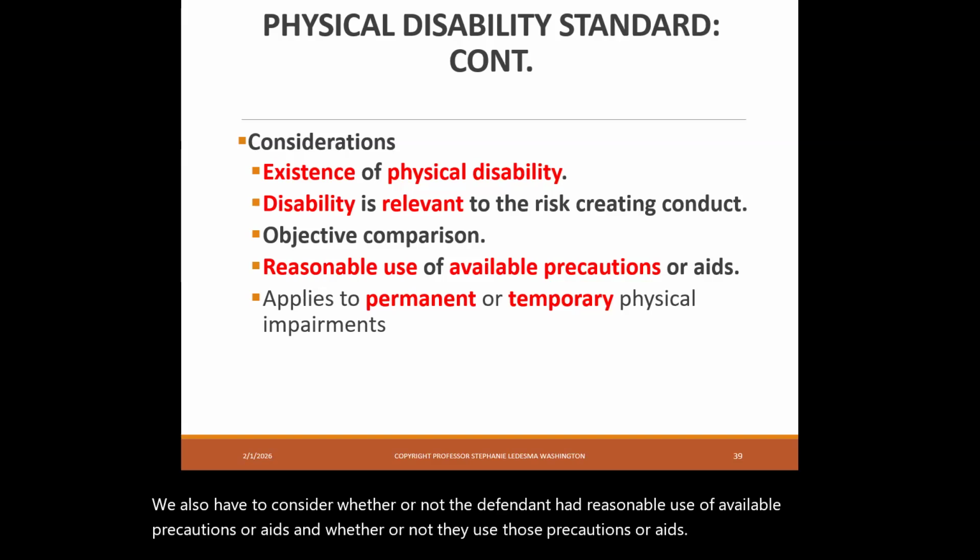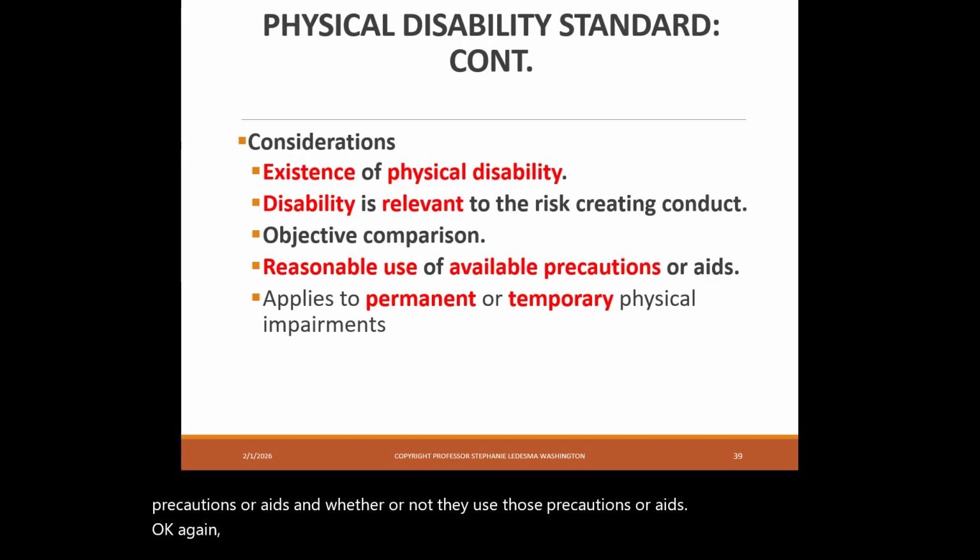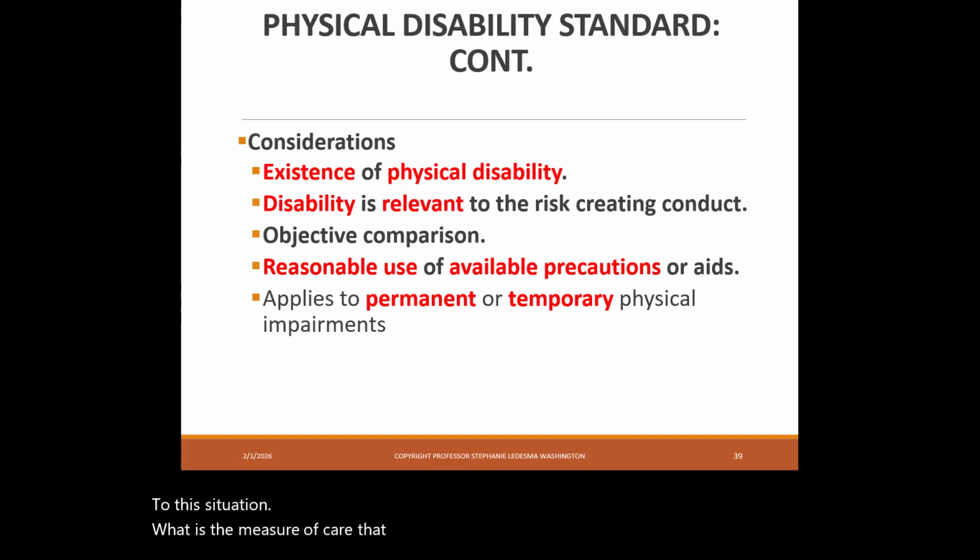Okay, again, right here, we are not determining breach. Right here, we are only determining what is the measure of care that will be applied to this situation. What is the measure of care that will be used to compare the conduct of the reasonable person to determine the breach?